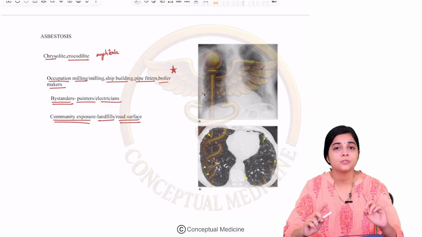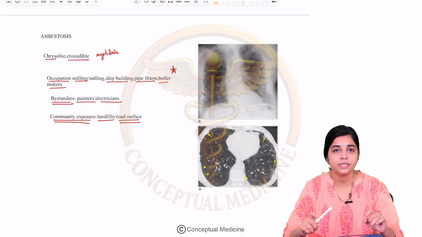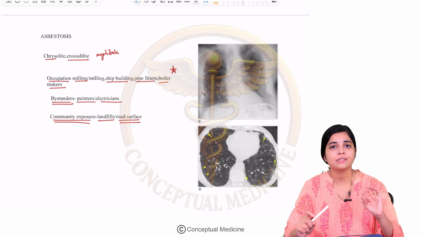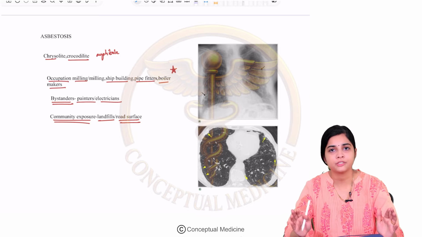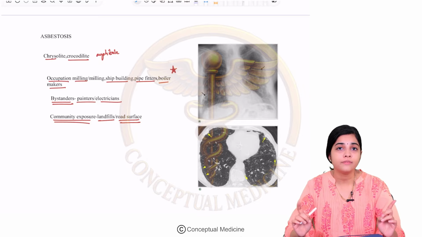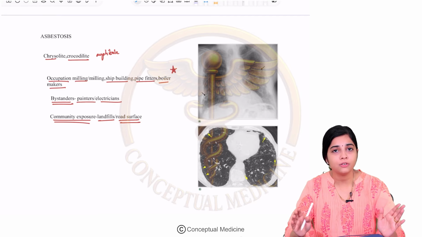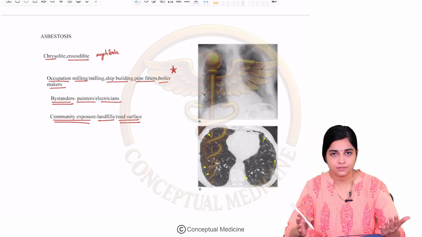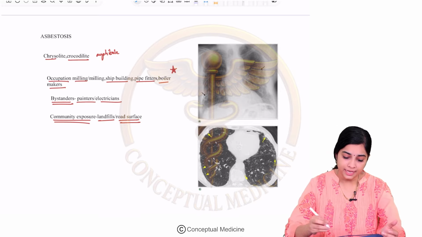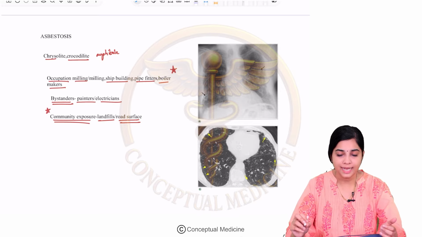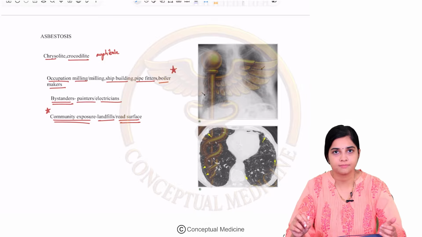Whenever you speak about any occupational lung injury, we have to understand which type of occupation can predispose to which type of disease. So always remember shipyard workers, millers, pipe fitters and boiler makers. All of these individuals are at risk of asbestosis, and you can have community exposure from landfills and road surfaces.